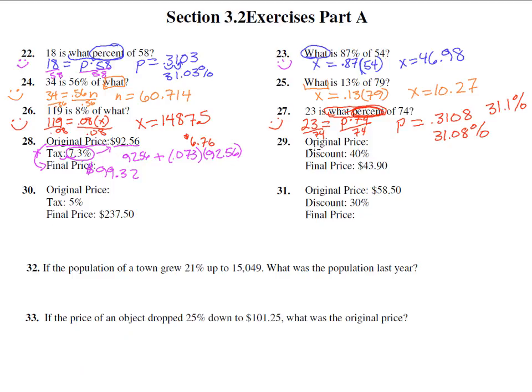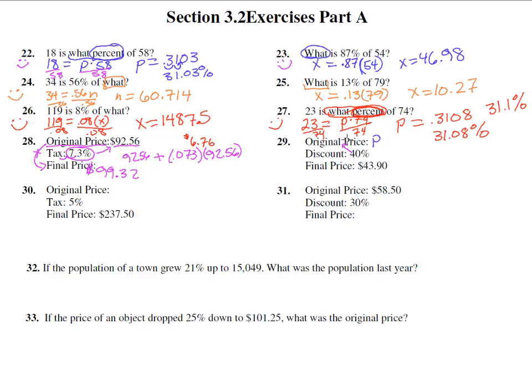Number 29. This one, the original price is not given, but the final price is. And the discount is 40%, but it was 40% of the original price, which we don't know. We need to use a variable. We need to use algebra. So let's write this down, that we have an original price, and let's put a P in there for it.